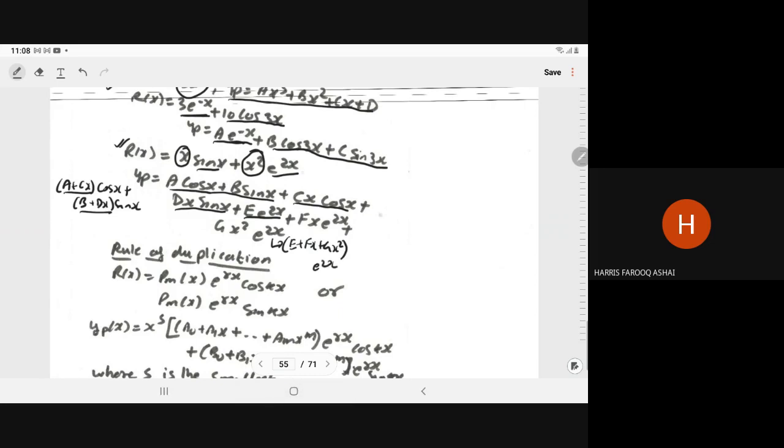In general, we write for e to power 2x as A e to power 2x, but due to the multiplication with a polynomial, in place of A we replace it with the polynomial. So this will be the yp.